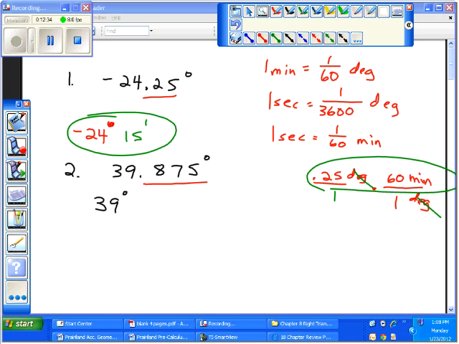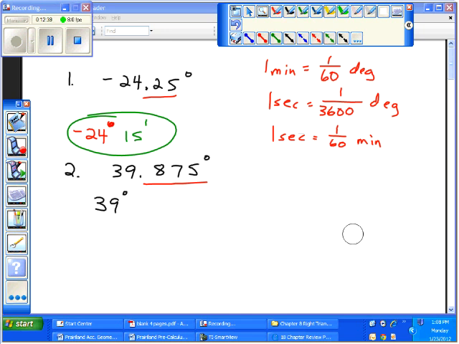We're saying I need to change that 0.875 degrees into minutes. So I need to lose the name degree and gain the name minutes. This is the dimensional analysis approach.